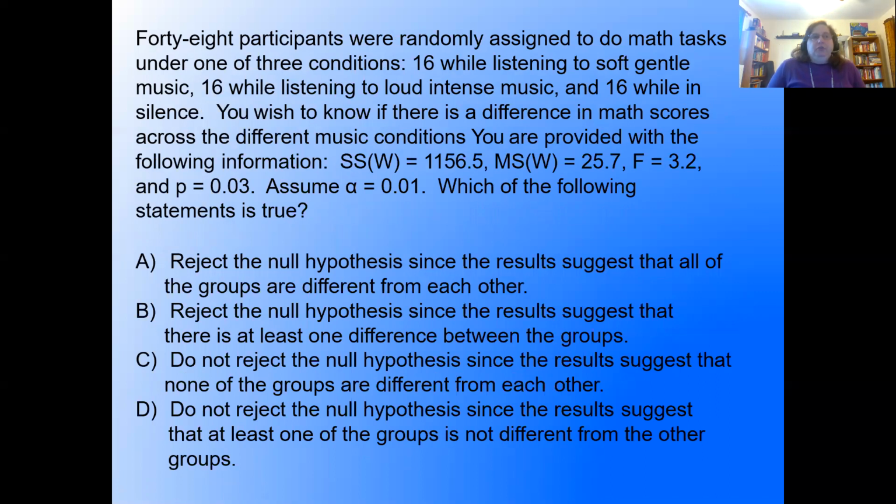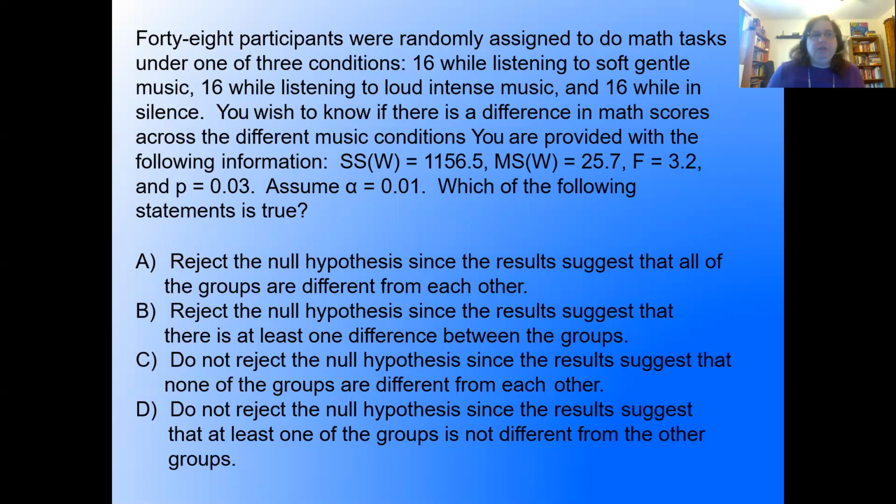Now let's look at this one. 48 participants were randomly assigned to do math tasks under one of three conditions. 16 while listening to soft, gentle music, 16 while listening to loud, intense music, and 16 while in silence. You wish to know if there is a difference in math scores across the different music conditions.